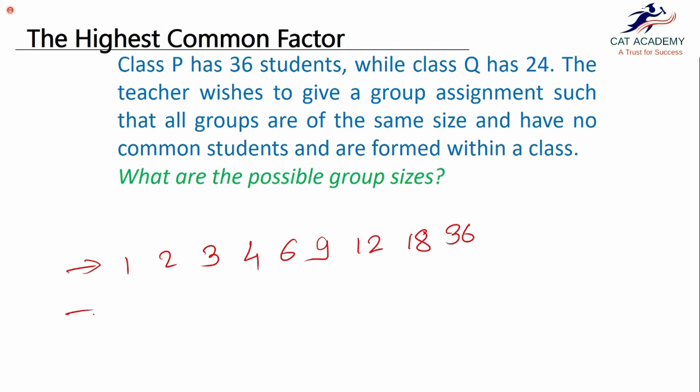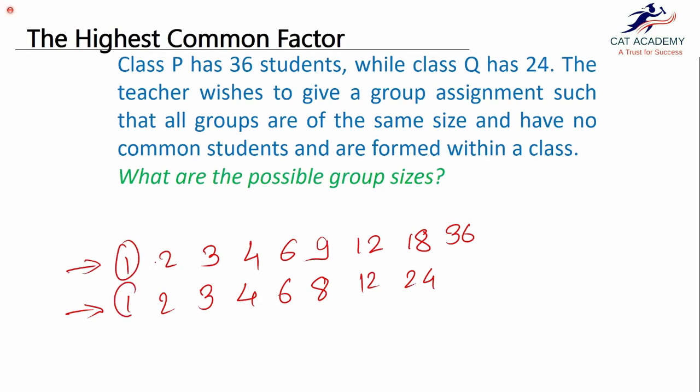Similarly, I can find out factors of 24 to split 24 into groups. So factors will be like 1, 2, 3, 4, 6, 8, 12, 24. So can you tell me what is the highest? Acha, first question, what are the possible group sizes?